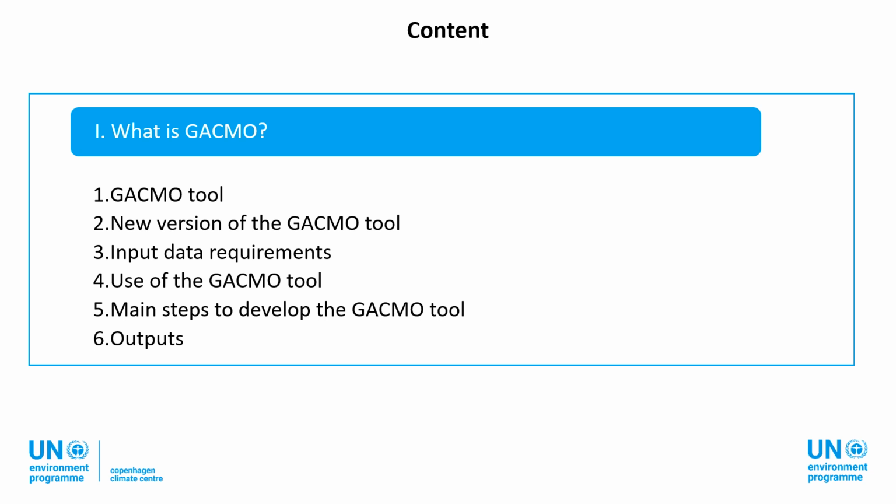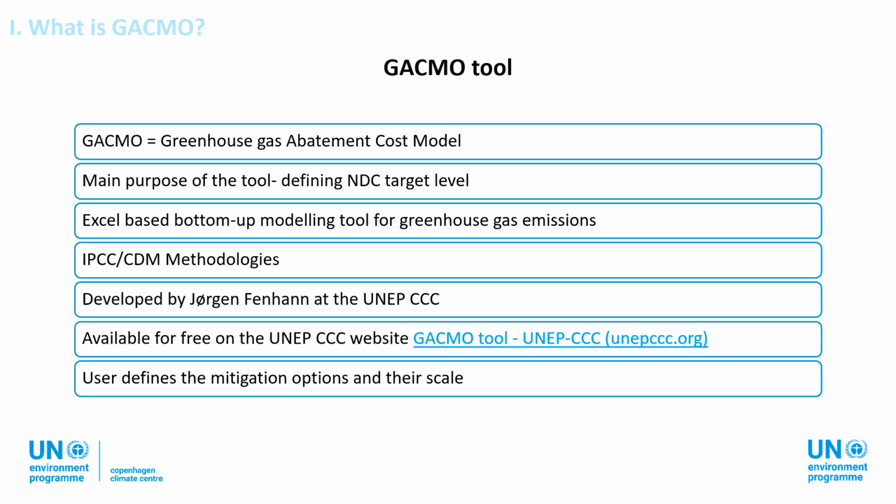Let's get started with the basic concepts of the GACMO tool. GACMO is an abbreviation to a Greenhouse Gas Abatement Cost Model. It accounts not only for GHG emissions, but also for the costs. Main purpose of the tool is to define NDC target level. It is an Excel-based bottom-up modeling tool used for greenhouse gas emissions projections.